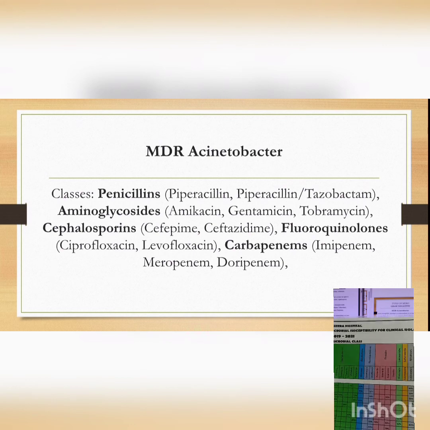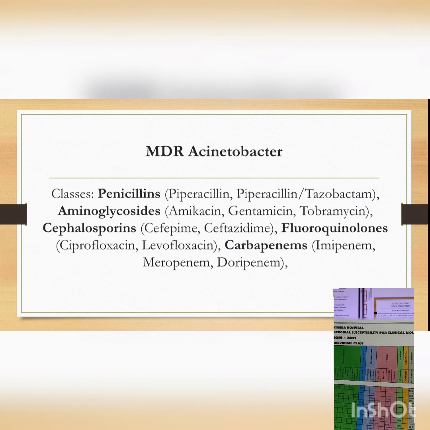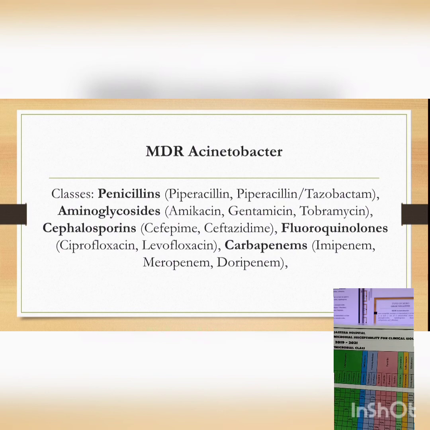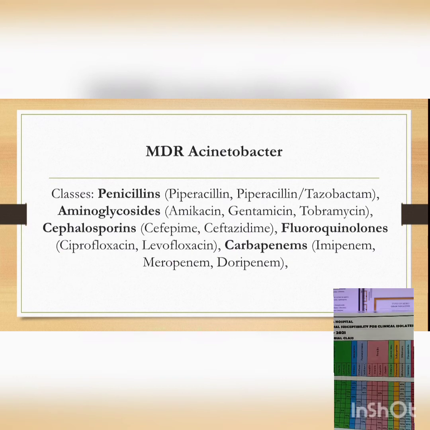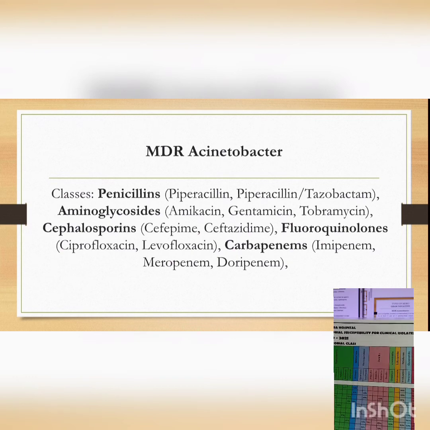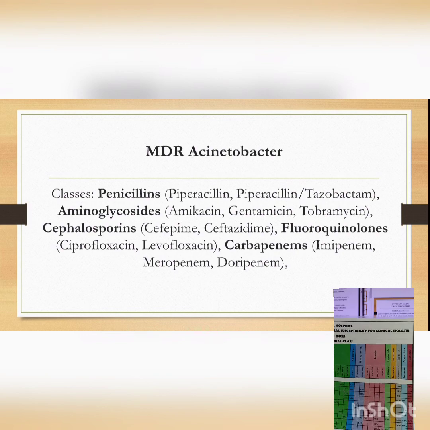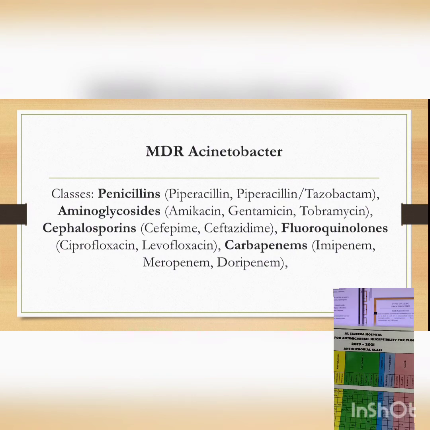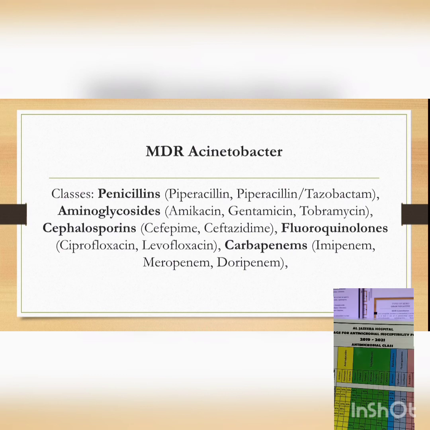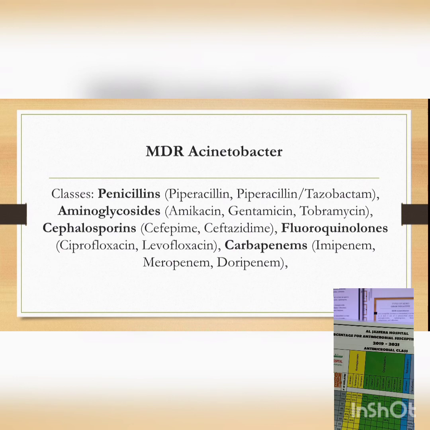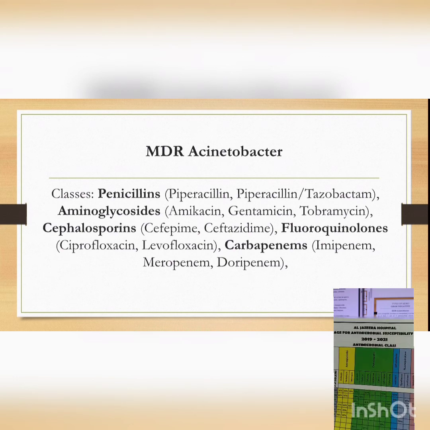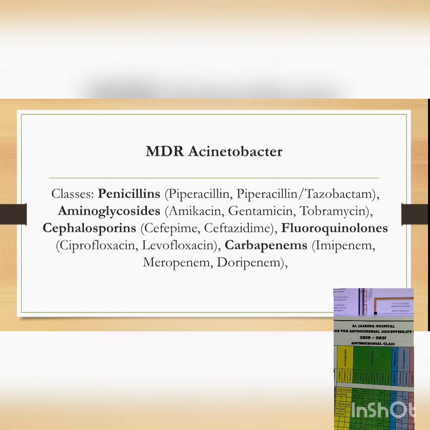So let's say, for example, the patient has a blood result or any culture result, and the result is Acinetobacter, then you need to check the following antibiotics. Let's say for penicillin, if the result is resistant to augmentin, if it is resistant to imipenem, and if it is resistant to amikacin, then you can consider that one as multi-drug resistant Acinetobacter.